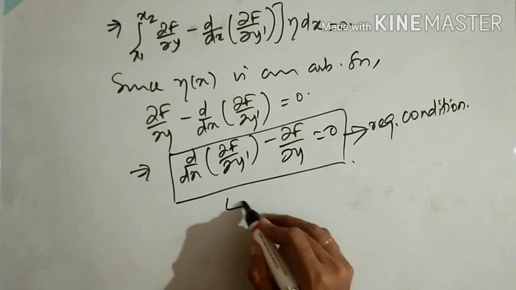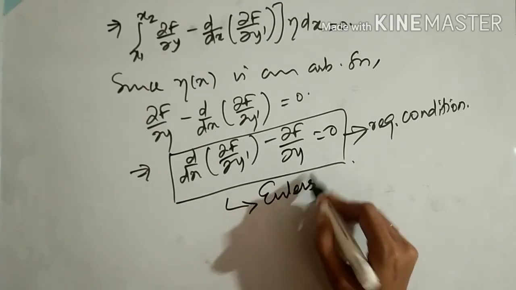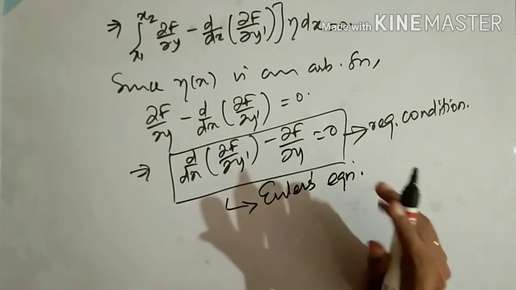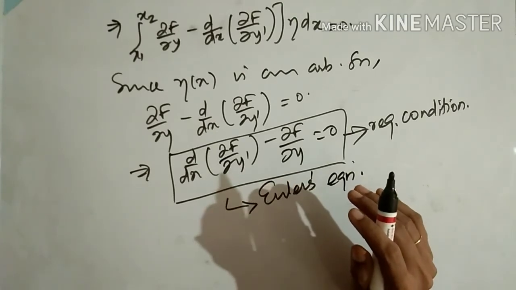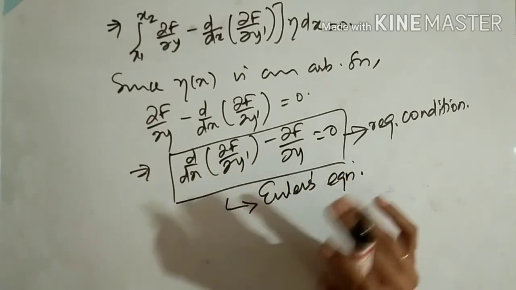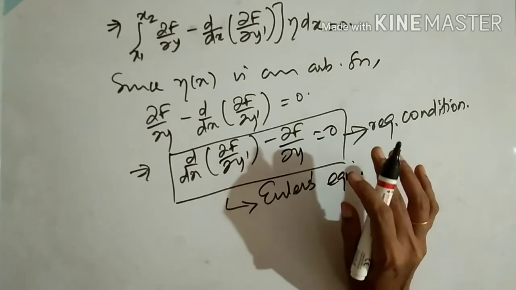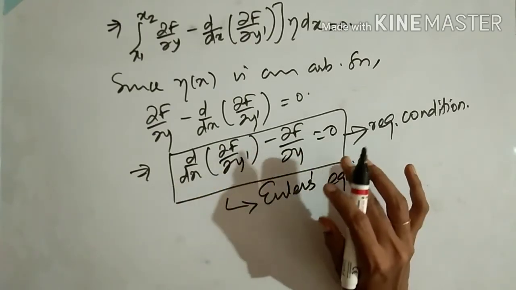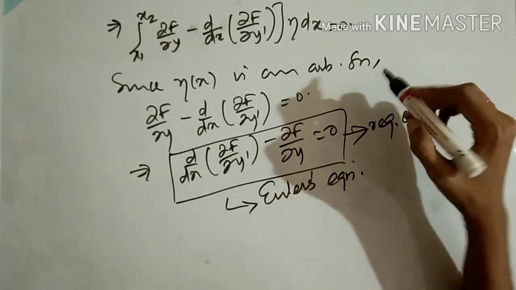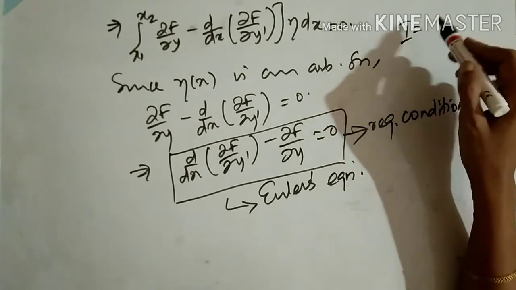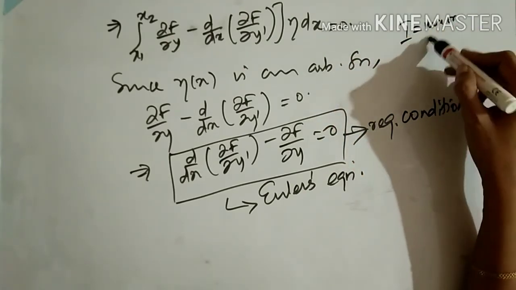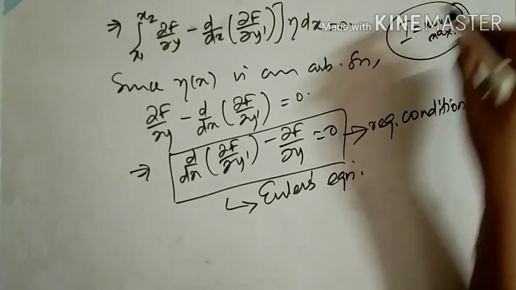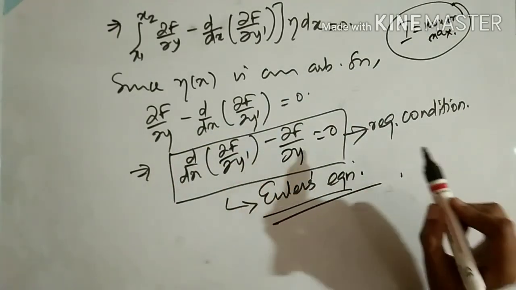This equation is said to be Euler's equation. So remember, if a function y of x minimizes or maximizes the integral, then it must satisfy Euler's equation. So in this question we saw I is minimum or maximum, so we attained that it satisfies Euler's equation.